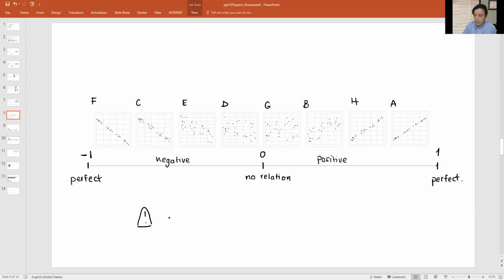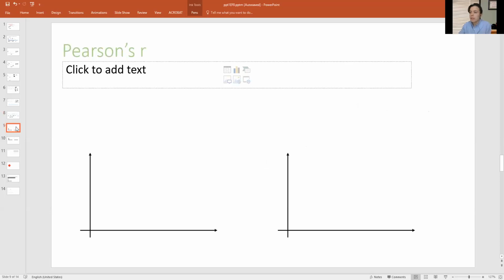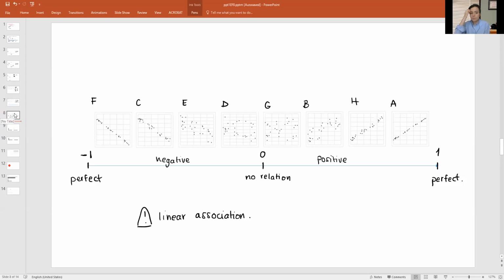So this is only for linear association. All right, do I have any questions, or is this okay for everybody? Seems okay.